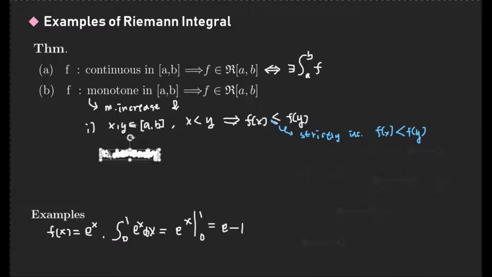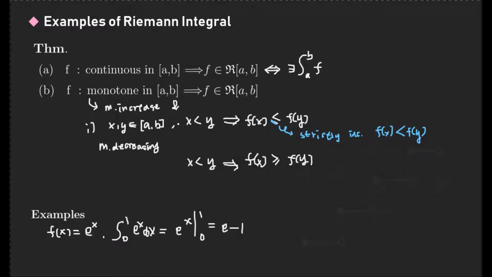By the same rule, we can define the decreasing case. If x is smaller than y, the inequality is flipped. So this is monotone decreasing. Also, if the equality is removed, we say strictly decreasing function.